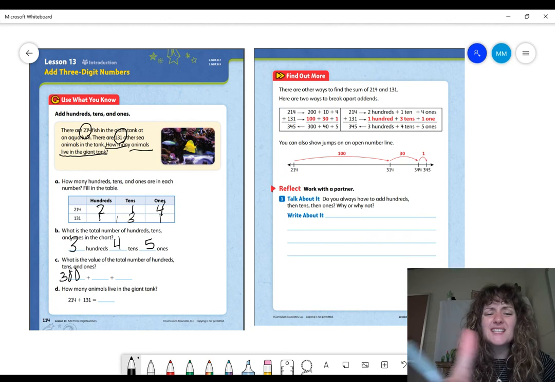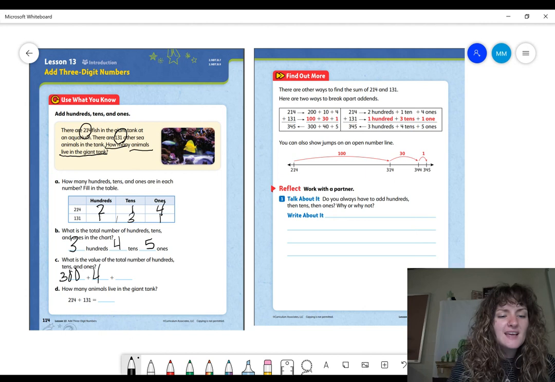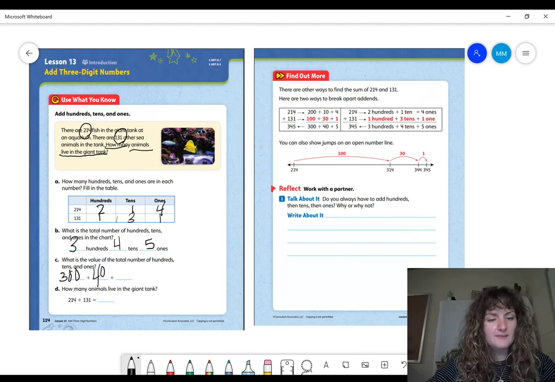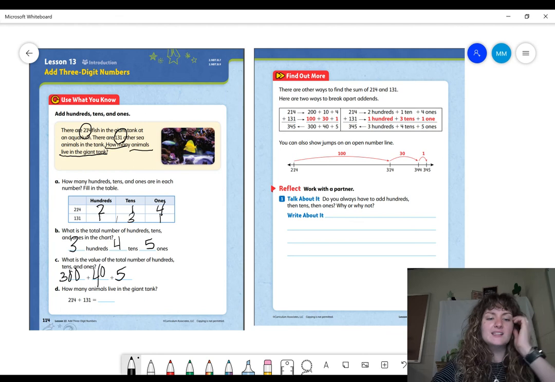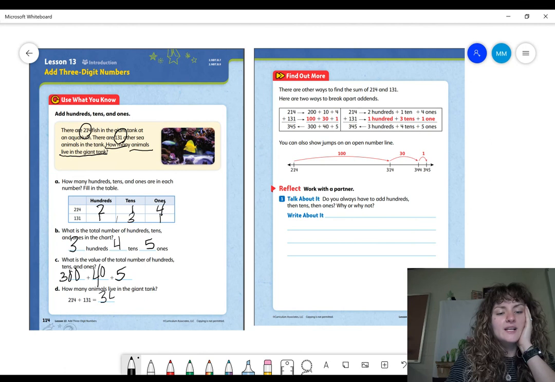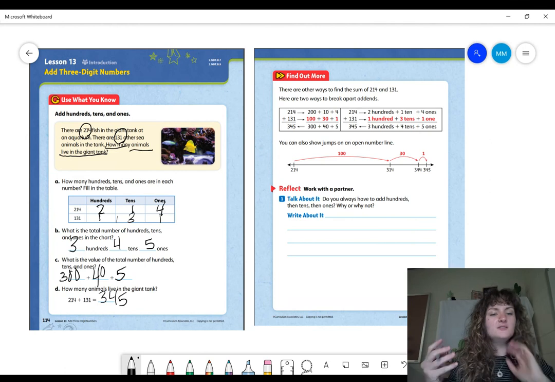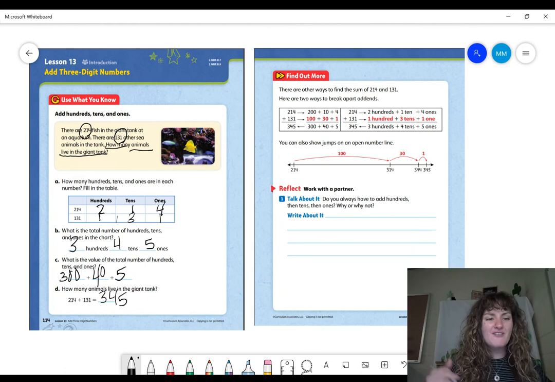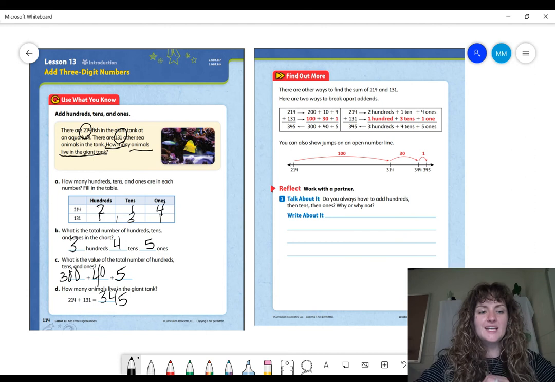I could count by tens. 10, 20, 30, 40. 4 tens is the same as 40. And 5 ones has a value of 5. So how many animals live in the giant tank? If I put the value of these numbers together, what is our whole? 345. So there are 345 animals living in the giant tank.